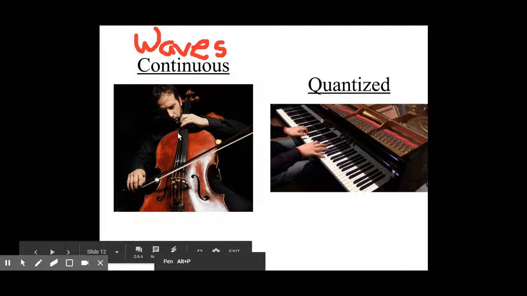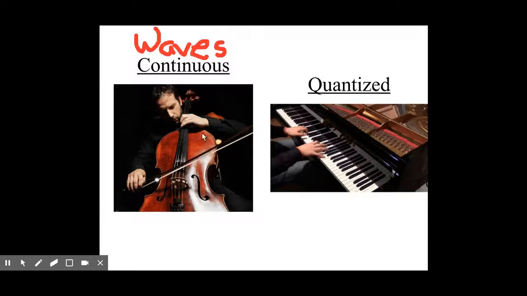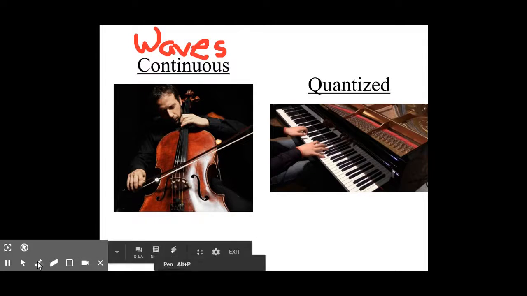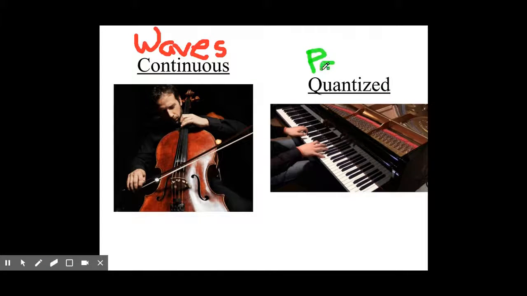It will go all the way up in pitch and all the way down, hitting every single pitch in between. But the quantized version is like a piano, where you can only hit certain keys. You can't hit any key in between. That's the difference between continuous and quantized. The quantized would be something like a particle.